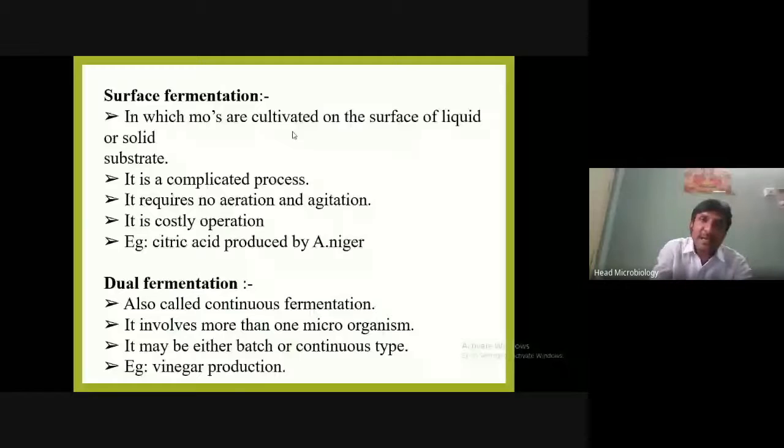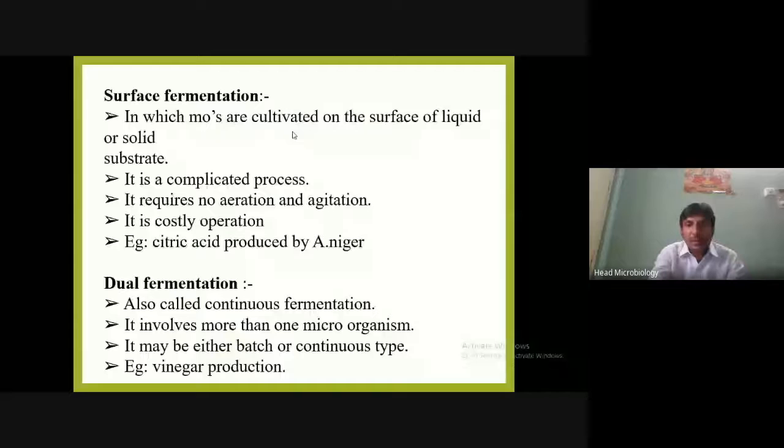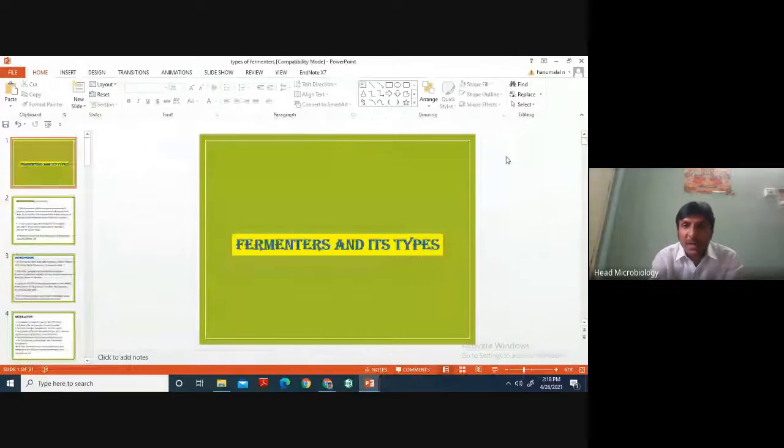Okay, this is the surface and dual fermentation. Now, today the main topic is how to design the fermenters. Before designing the fermenters, we already discussed the types of fermenters.